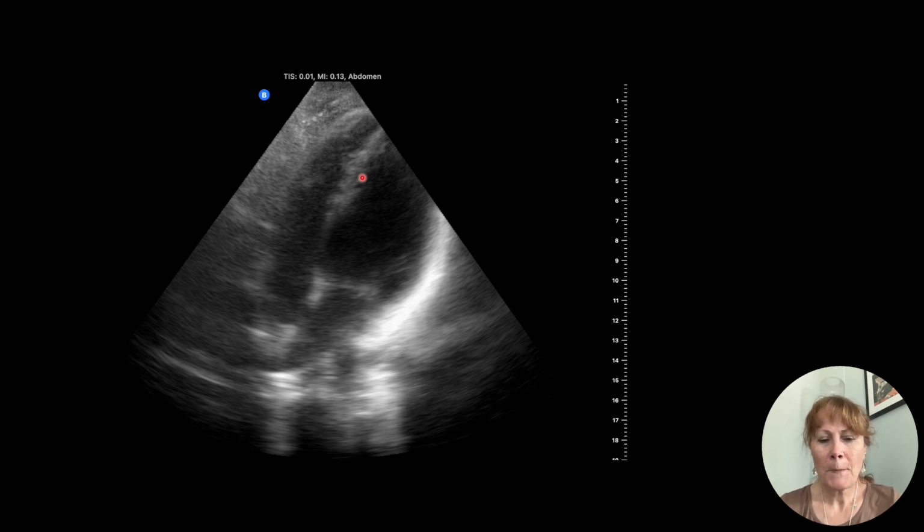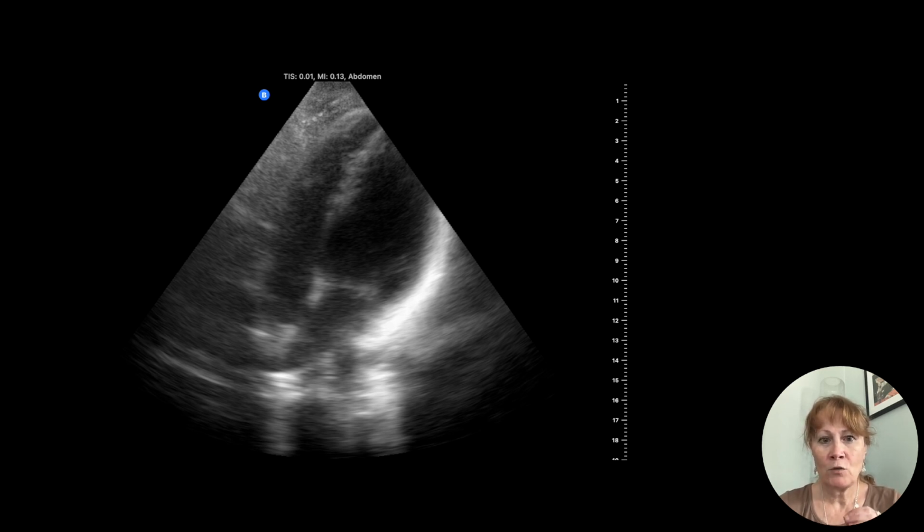So there are a couple of reasons why we would want to make this clear that this is an apical 4. The interventricular septum, in the ideal image of an apical 4 chamber view, should be completely vertical from the apex. So this one's veering a little bit to the right. This is a common thing that happens when we're first learning to scan the apical 4 chamber view.